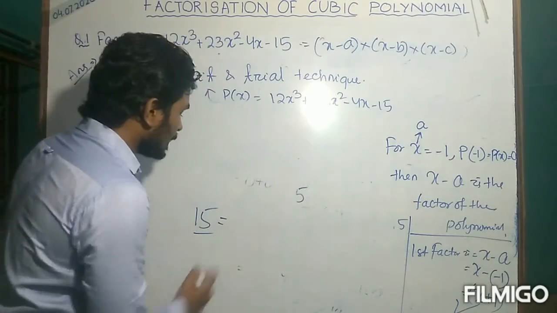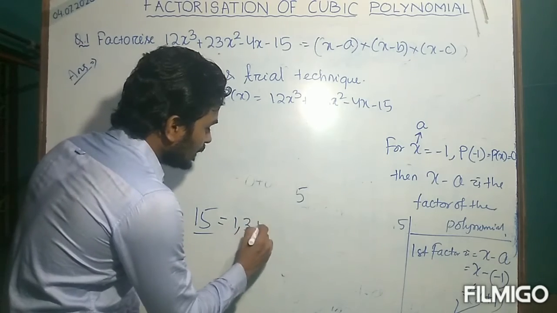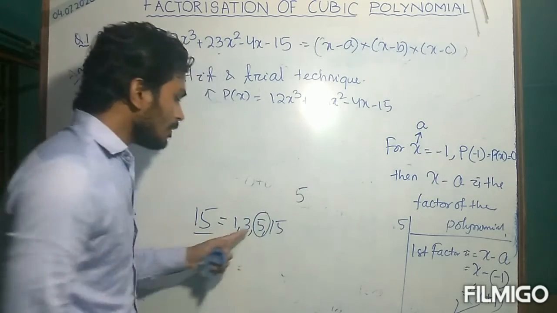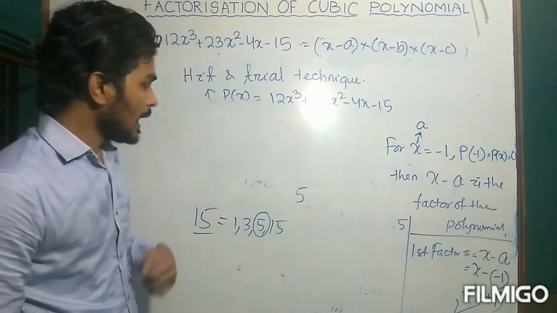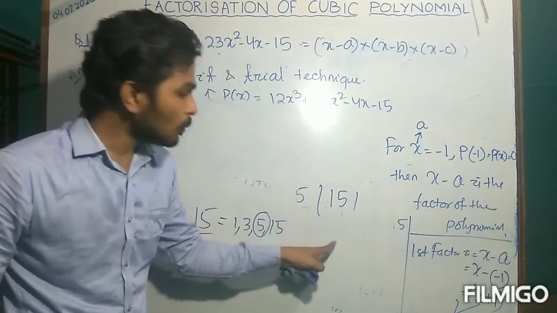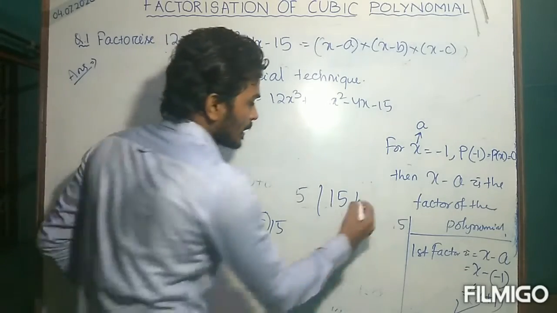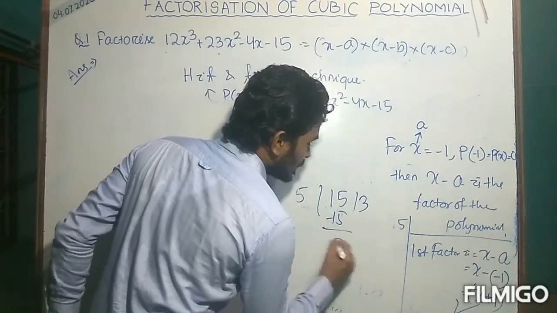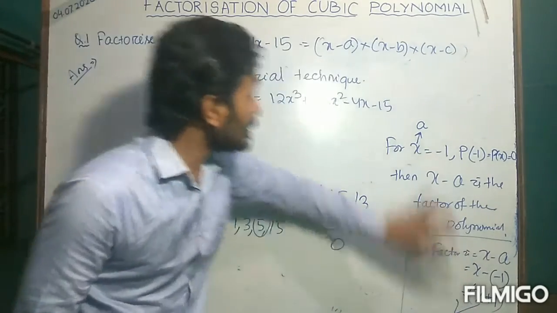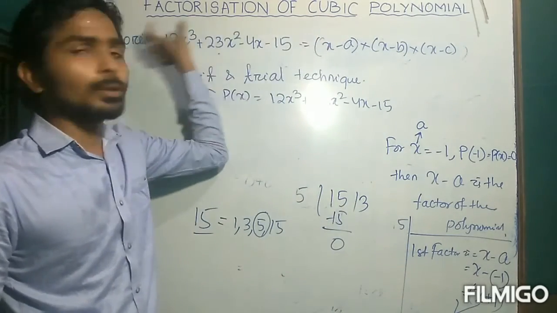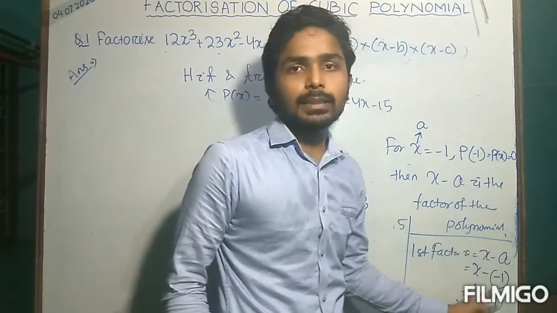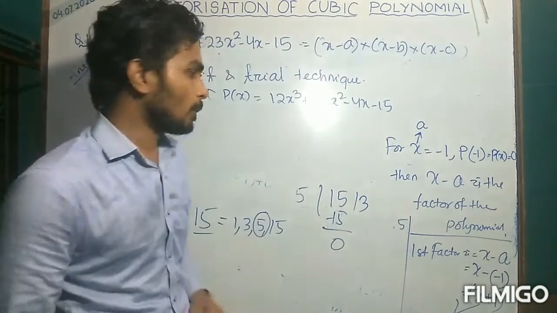What are the factors of 15? 1, 3, 5 and 15. Here you can see 5 is a factor of 15, and if we divide 15 by 5, what must be the remainder? The remainder must be 0. Similarly, if this is a factor of this cubic polynomial, and we divide this polynomial by this factor, the remainder must be 0.